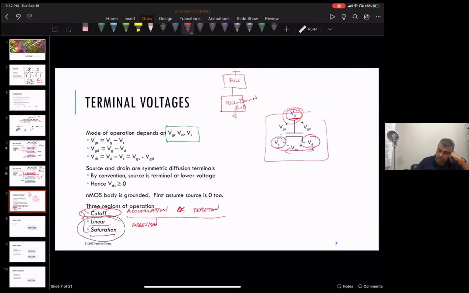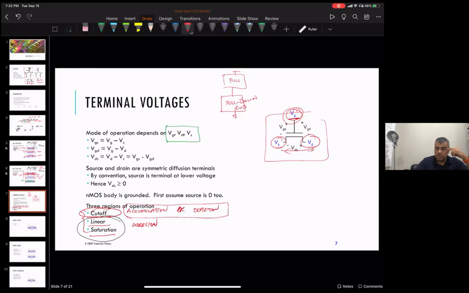In either one of those cases, there is no connection between source and drain. So we call that cutoff, or you can think of it as the transistor being off. When you're in inversion, the transistor is on.